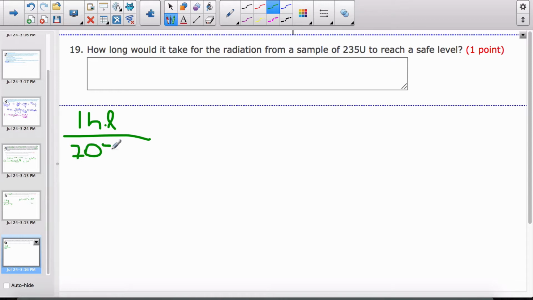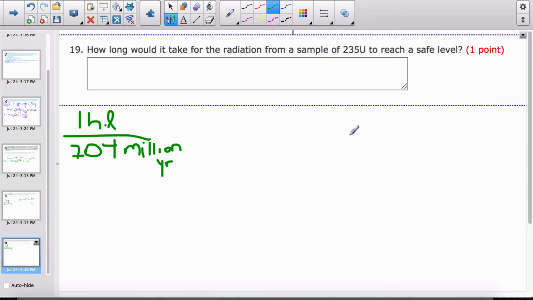You can write million if you want. I have to now because I'm kind of insane about units and I like to make sure I follow them. Okay, so one half-life is 704 million years.